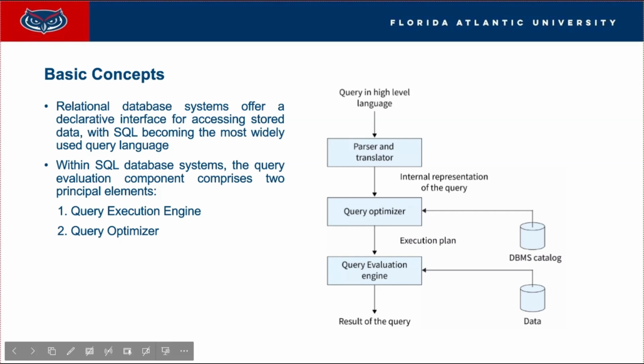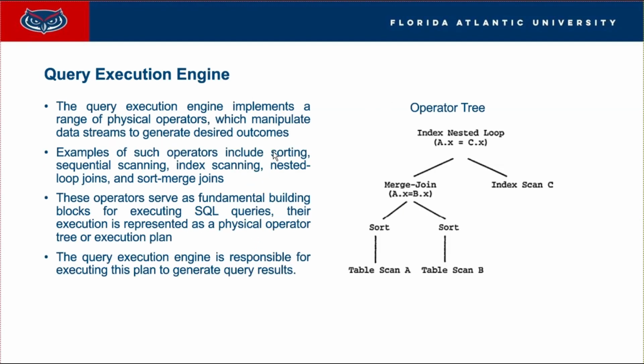The relational database system offers a declarative interface for accessing stored data, with SQL becoming the most widely used query language. Within an SQL database system, the query evaluation component has two principal elements: the query execution engine and the query optimizer.